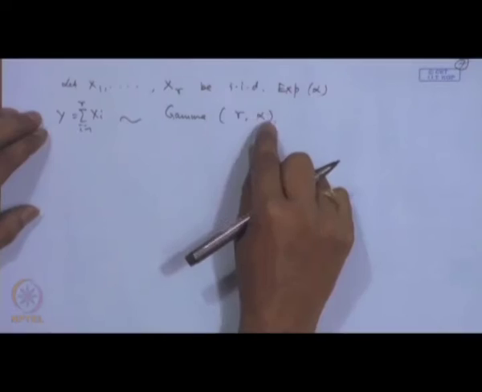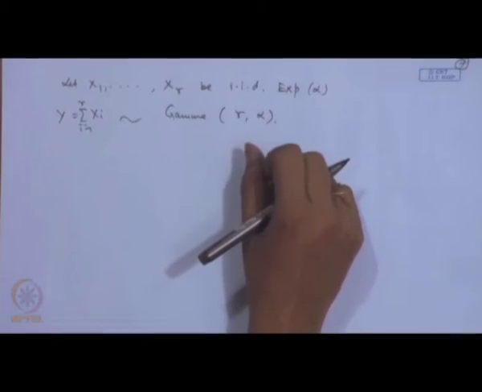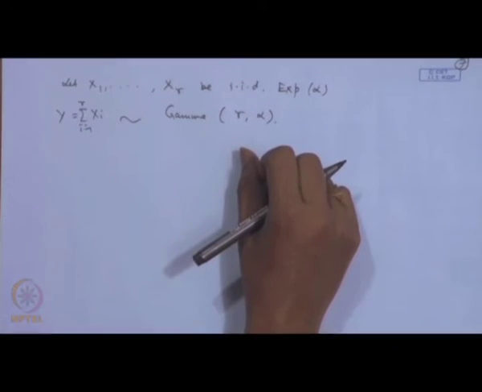Now, if you consider x1 plus x2 plus up to xr, then you are looking at the time until the rth occurrence in a Poisson process, and therefore, this will become simply the gamma distribution. So, that is also confirmed by the MGF approach or the moment generating function calculations that one can do here.